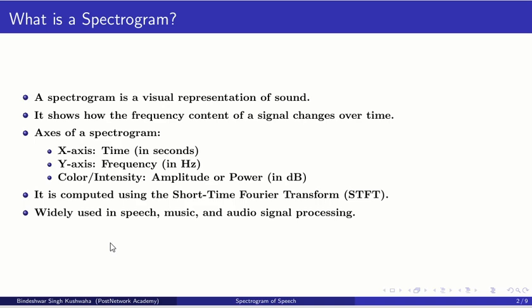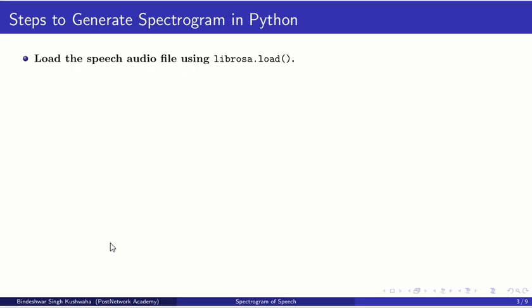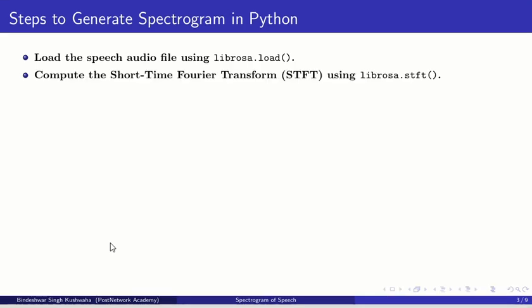I'm talking about the spectrogram. Now let us process it in Python. So first of all, load the speech audio file using the librosa.load method, and thereafter we'll compute the short time Fourier transform using librosa.stft. Remember, we will use the short time Fourier transform.